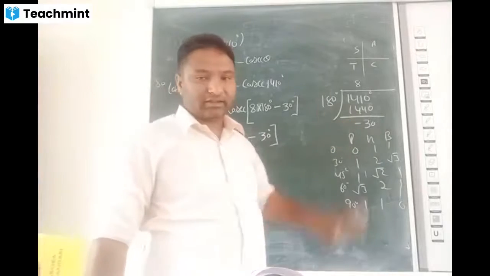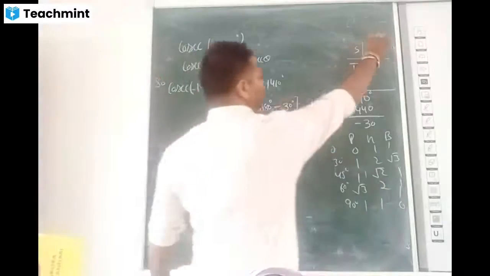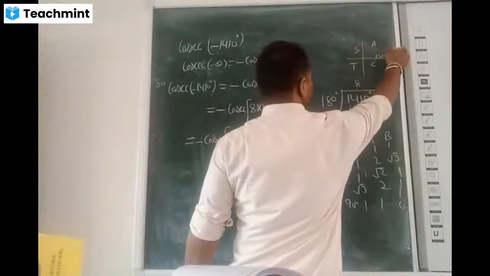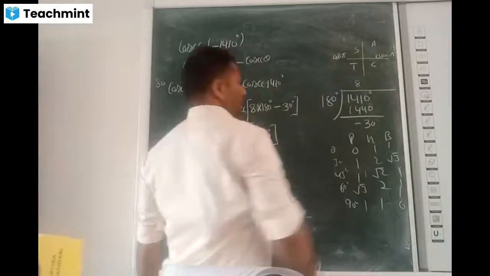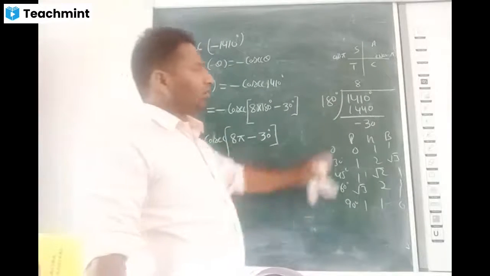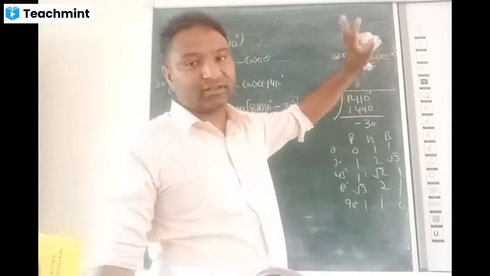Okay, so here it comes like this, and we know that there is even pi and there is odd pi. On the horizontal line there is no change in the trig ratio. On pi there is no change.